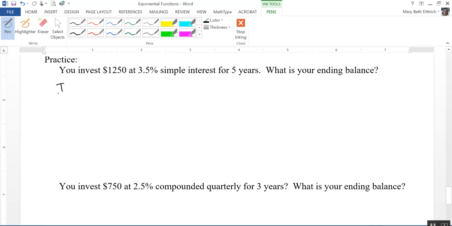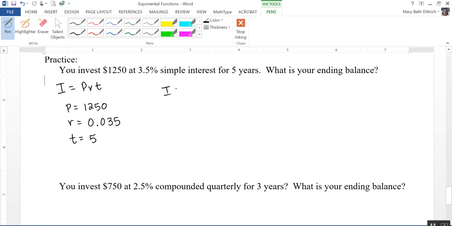So you're going to use the formula I equals PRT, where your principal is $1,250. Your interest rate is 3.5%, which written as a decimal is 0.035, and your time in years is 5 years.